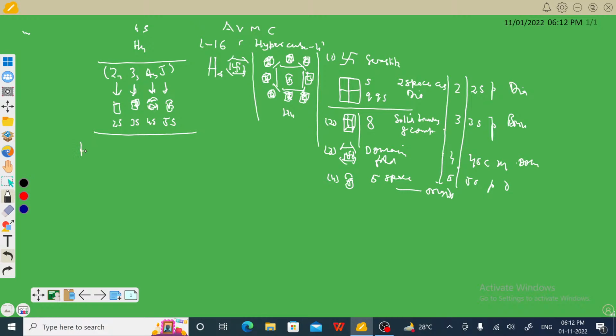is a body of a 4 space. It has 4 folds. First is a spatial dimension. Next is solid boundary. It is creative domain.